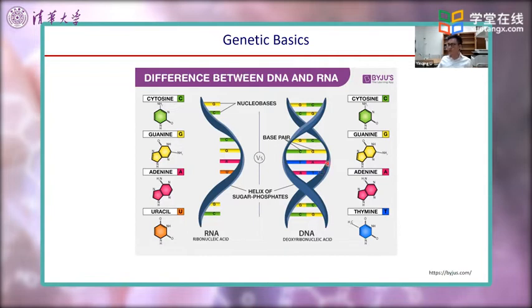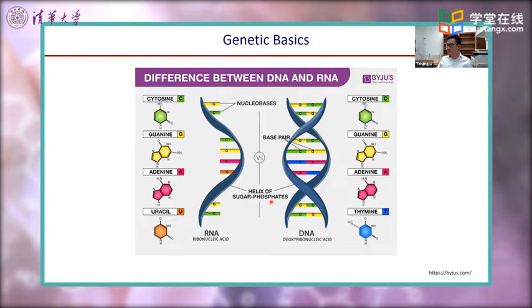Regardless, both RNA and DNA follow very simple base pairing rules, namely the base C pairs with the base G, and the base A pairs with base T in DNA. And in the case of RNA, the base U pairs with base A. So these pairing rules form the basis of genetics.